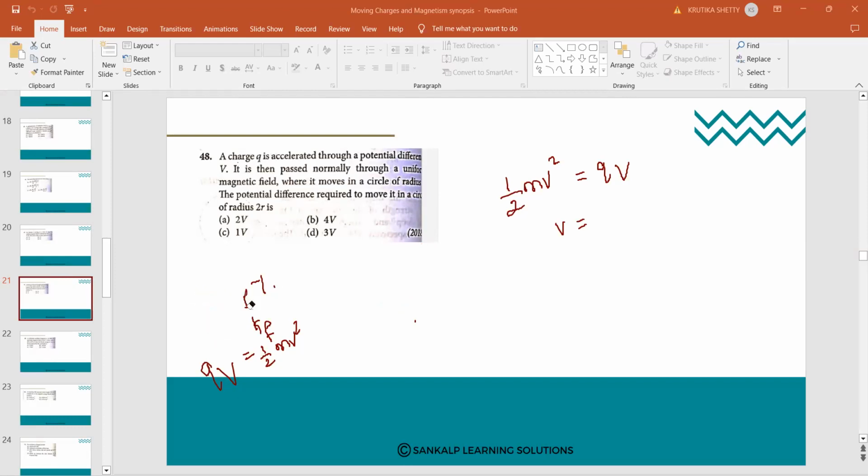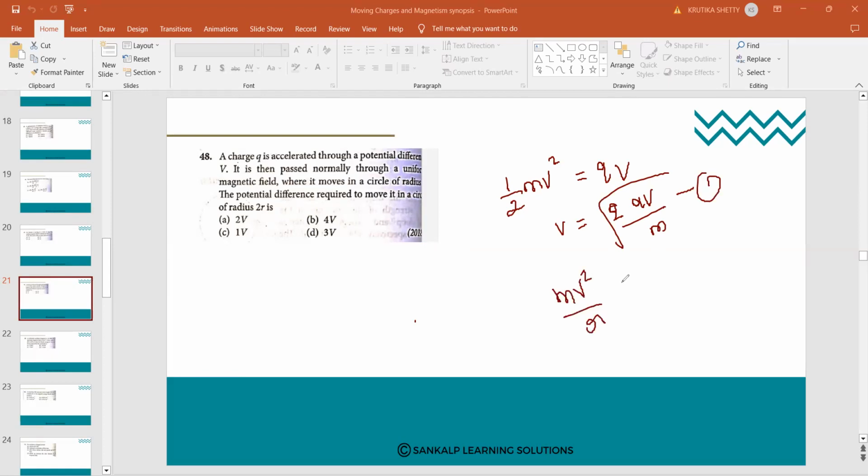Therefore, simplify the equation for v: v is equal to the square root of 2QV divided by m. This is equation 1. When it passes through the uniform magnetic field B, using the centripetal force, mv square is equal to qvb.